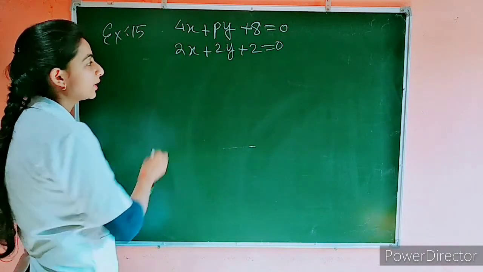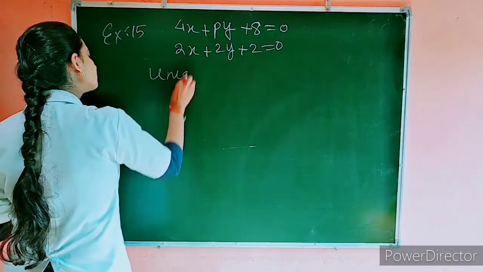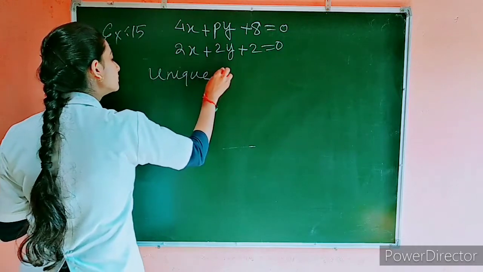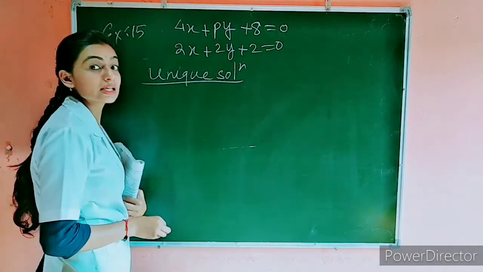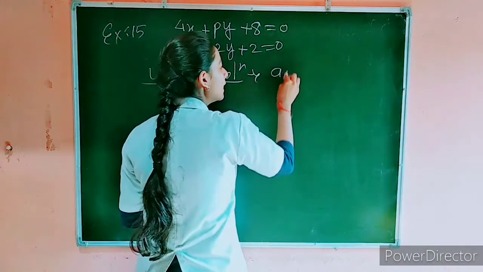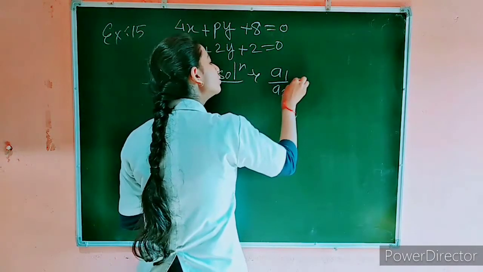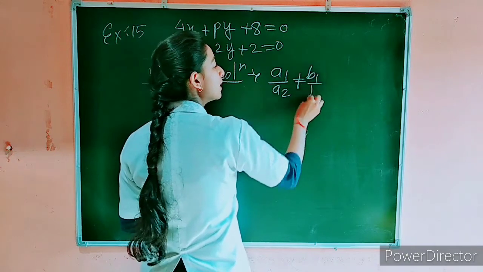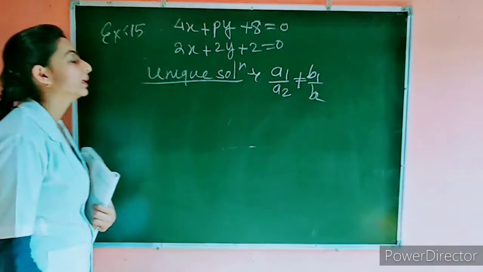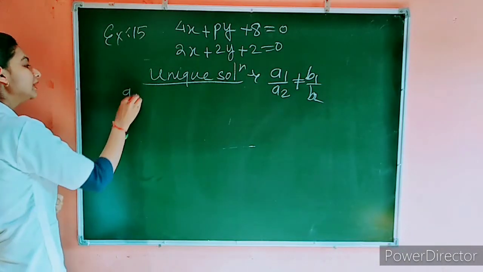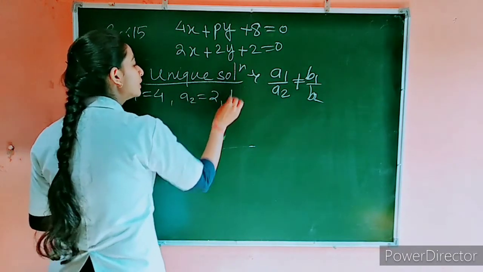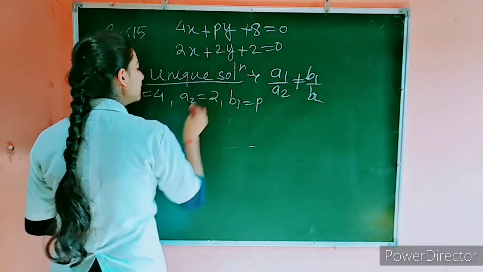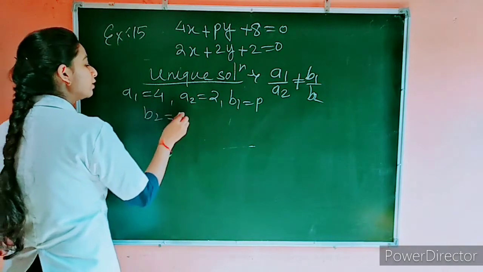So we know that we have a unique solution when the lines intersect each other, meaning a1 upon a2 is not equals to b1 upon b2. Now comparing, a1 will be 4, a2 will be 2, b1 equals p, b2 will be 2.